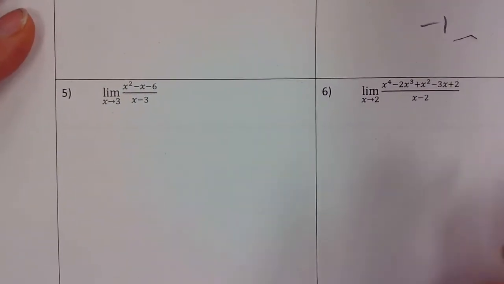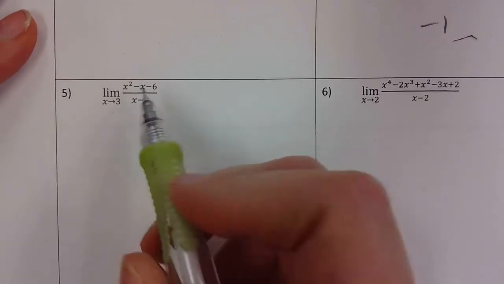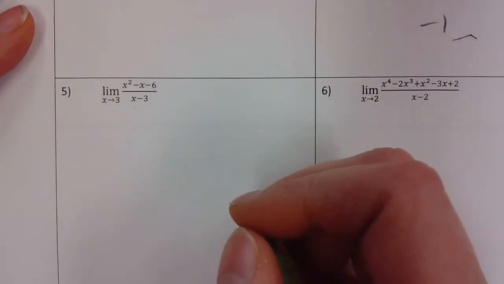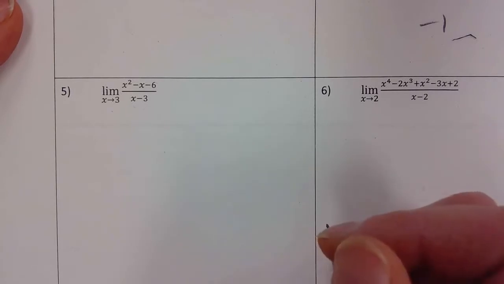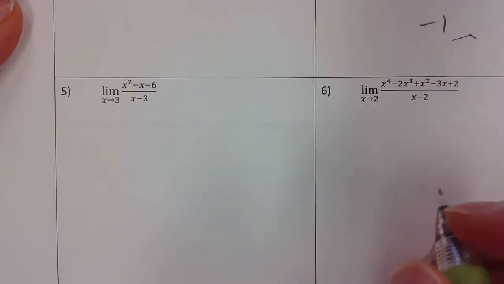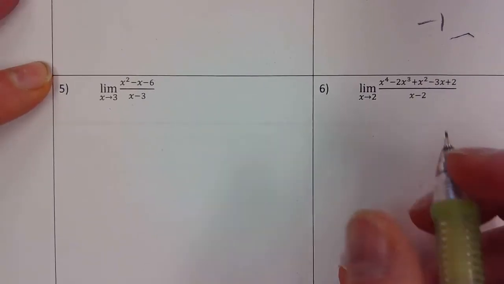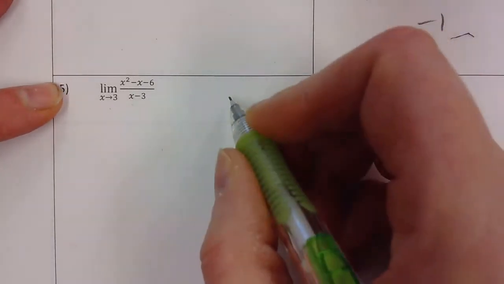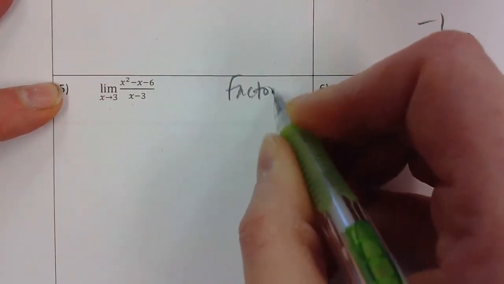So now we're looking at something where when I plug 3 in my denominator, 3 minus 3 is going to be an issue. I can't just plain substitute. So the first 4 we were able to just substitute. Now we can't do that. So my tip here is going to be factor.